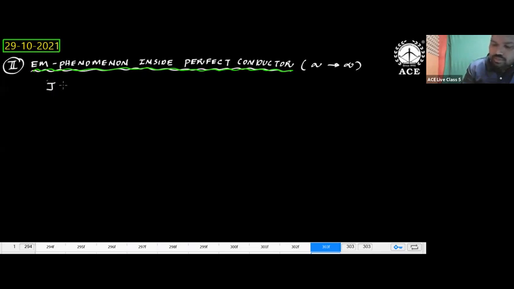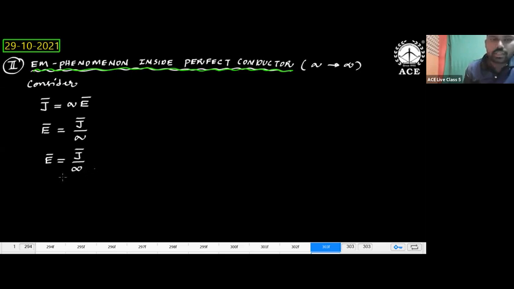We know that J is equal to sigma into E and D is equal to epsilon into E. Consider J is equal to sigma into E. So from here, E is equal to J by sigma, where sigma tends to infinity. J by infinity, anything divided by infinity is 0. So the electric field is equal to 0 inside the perfect conductor. This is with the help of equations.